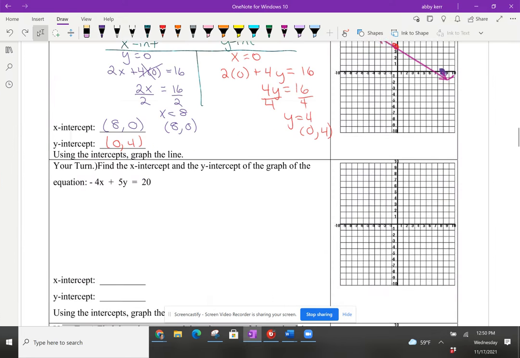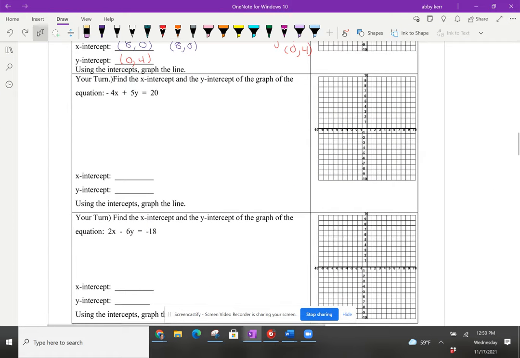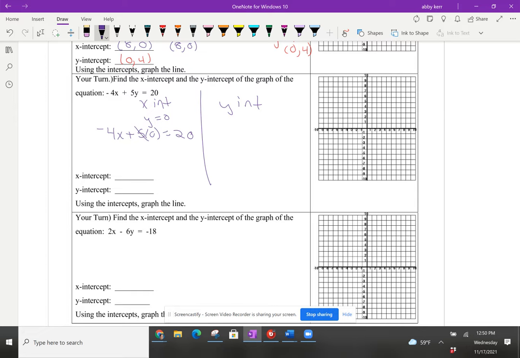So we're going to do the exact same thing for these two problems, x-intercept and y-intercept. So we're going to have y equals 0 for the x-intercept. That goes away, and now we're to a one step.